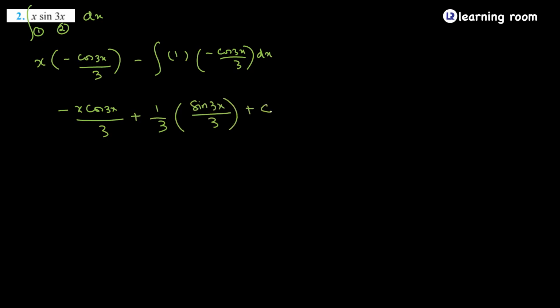So answer will be minus x cos 3x by 3 plus sin 3x divided by 9 plus c. Right. So it is going to be plus sin 3x divided by 9 plus c. Okay.